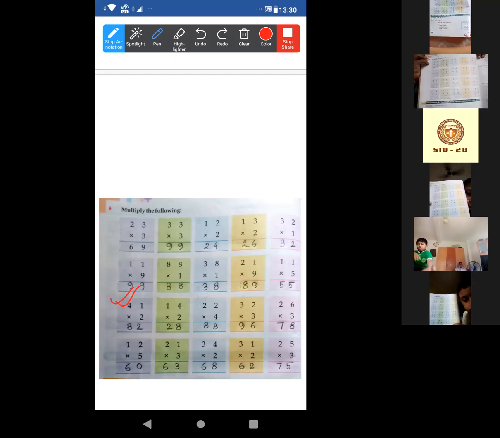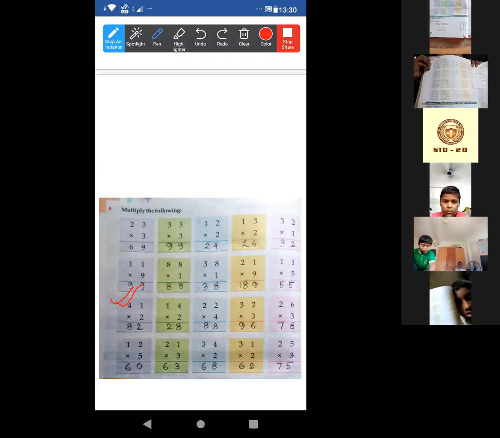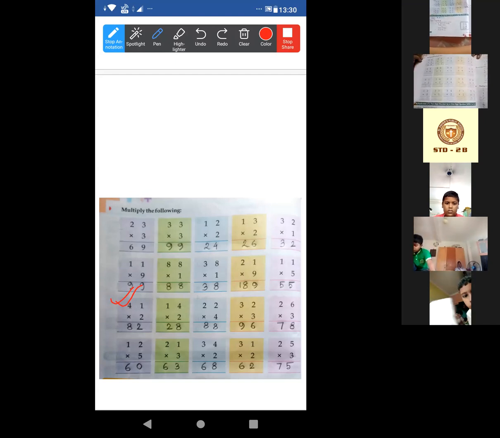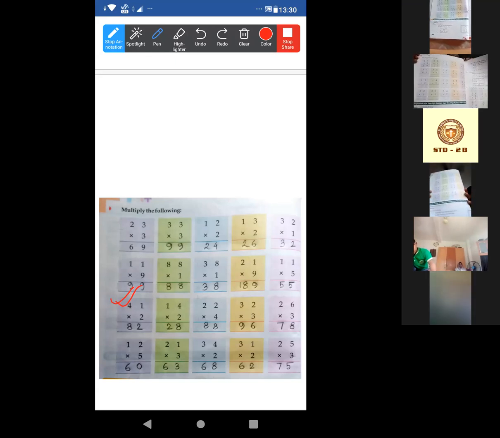Yes. So Kushan, you have not done anything. Kushan, show me the book again, once more. Kushan, why have you not done anything?